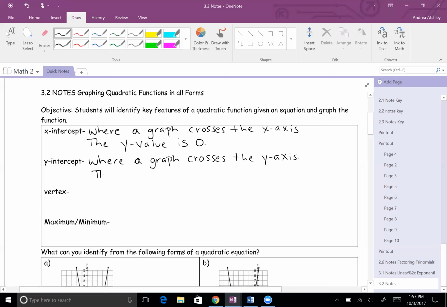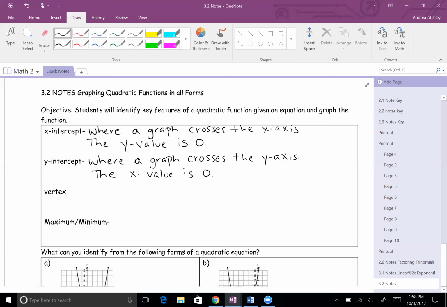That means then that the x value is 0 there as well. So on the y-axis, the x value is 0. Any questions over that?